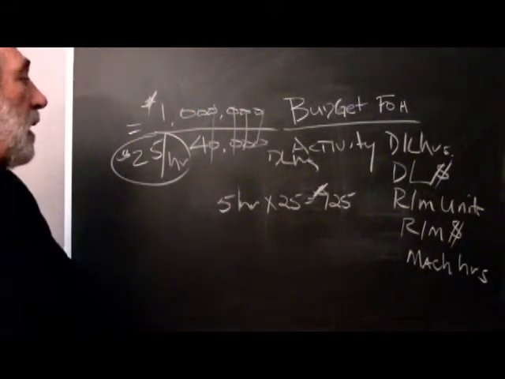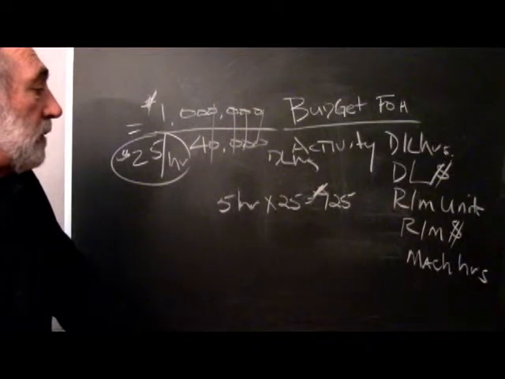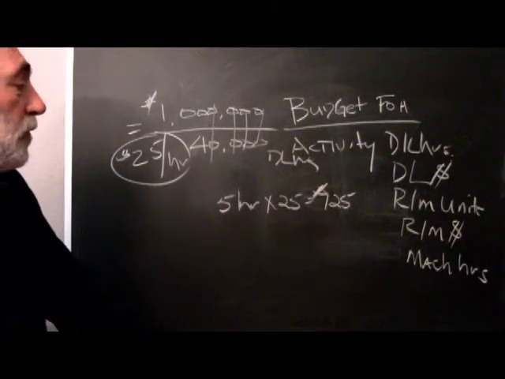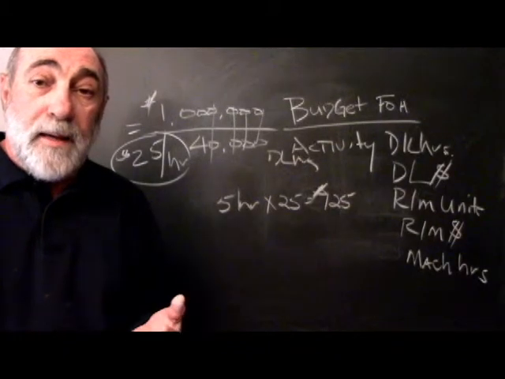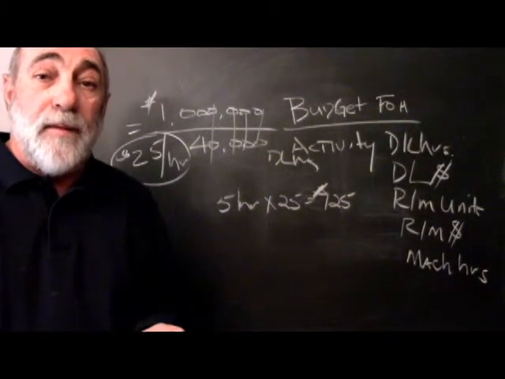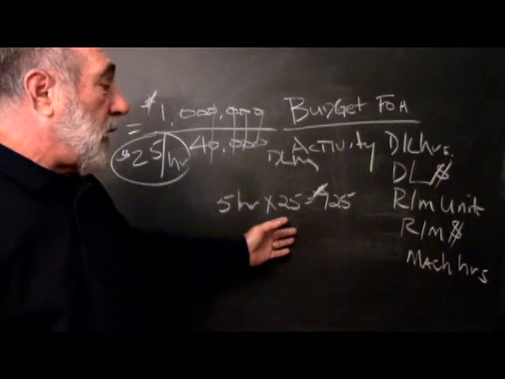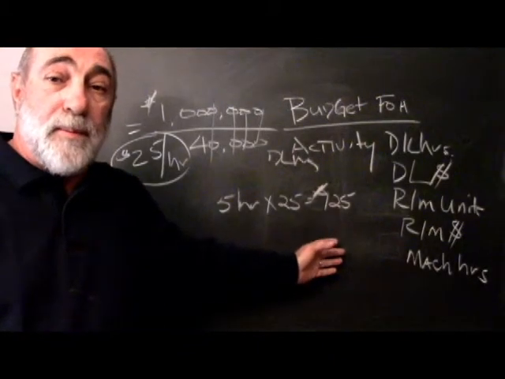Okay? And then out the door it goes. So I know my exact raw material cost. I know my exact direct labor cost. I've now estimated that $125 of factory overhead must have been absorbed.